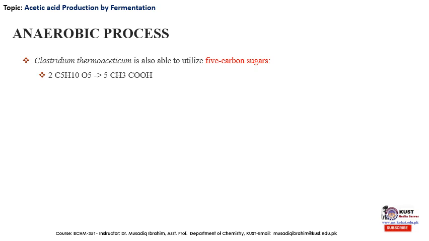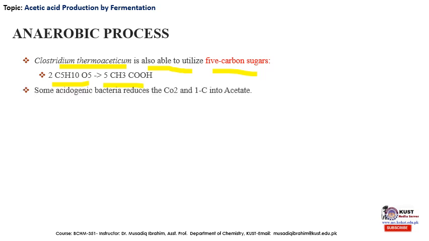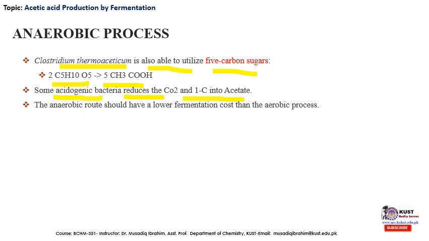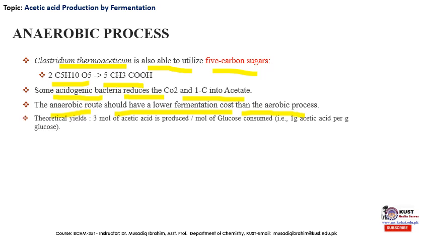Clostridium thermoaceticum is also able to utilize 5 carbon sugars like ribose, and here 2 molecules of pentose are converted to produce 5 molecules of acetic acid. Some acidogenic bacteria reduce carbon dioxide and 1 carbon compounds into acetate as well. The anaerobic route should have a lower fermentation cost than the aerobic process. So that is very important.